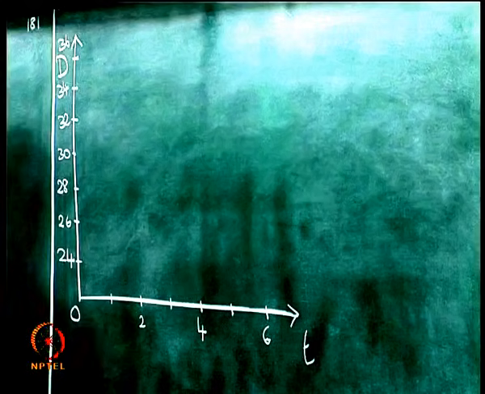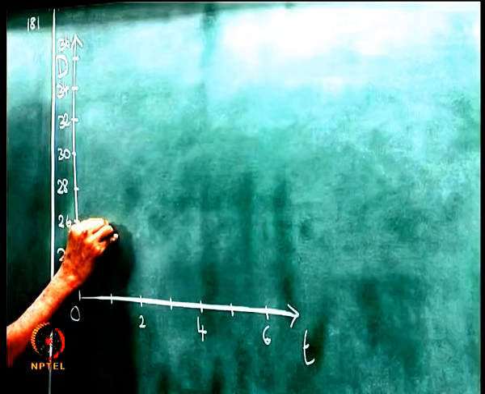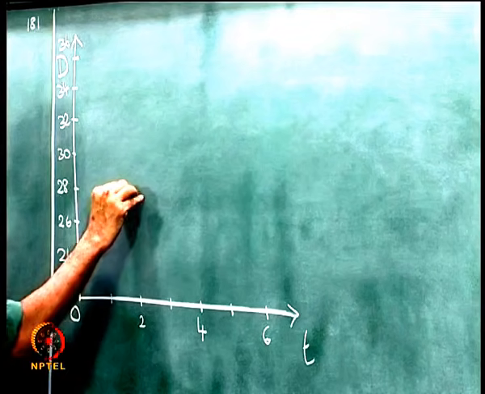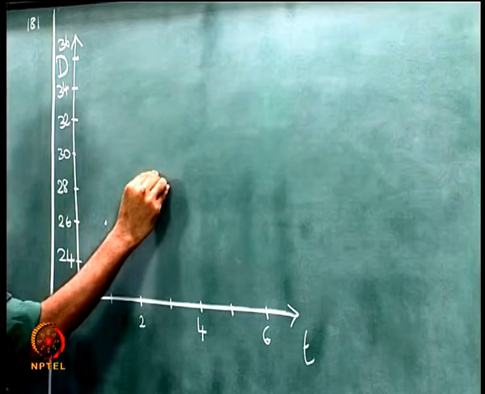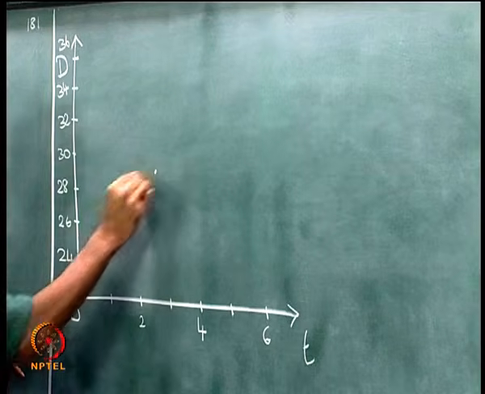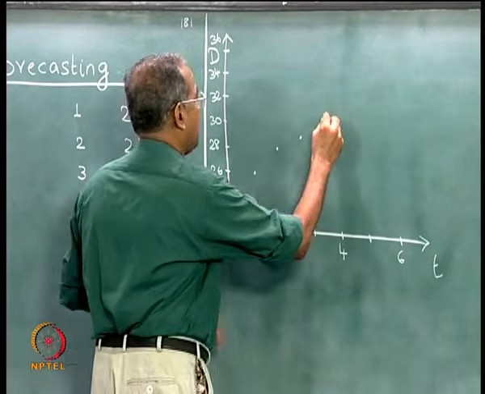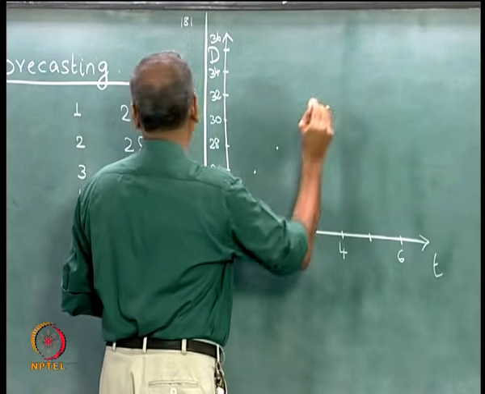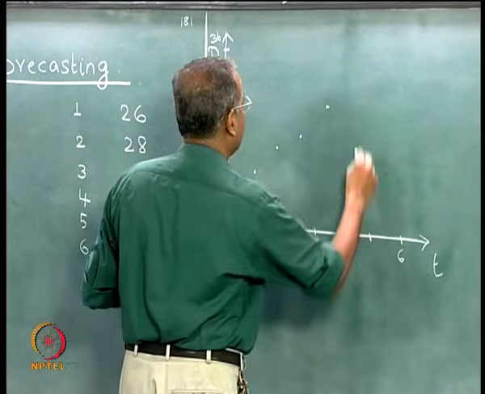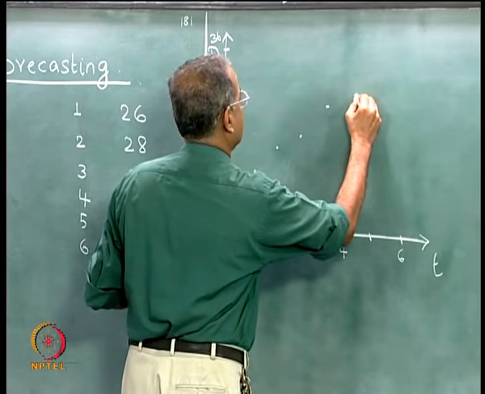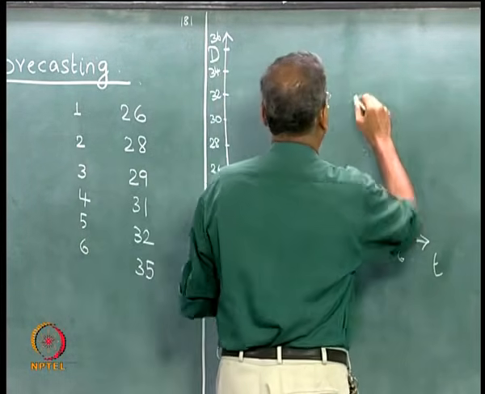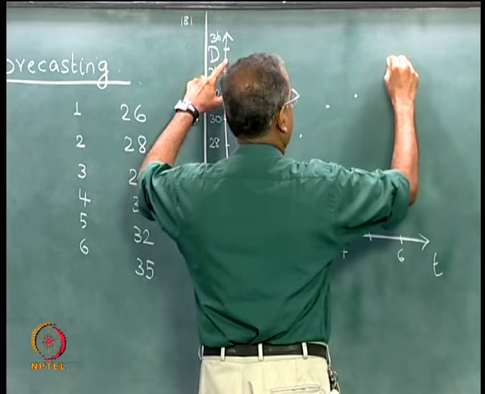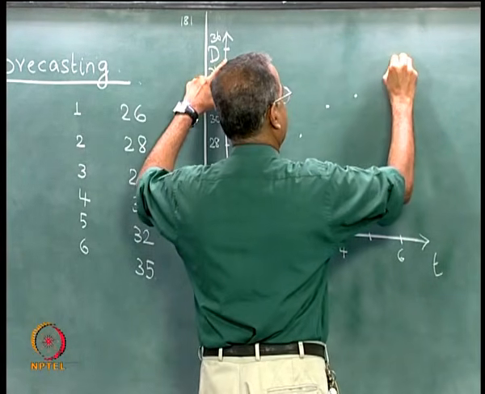So, at t equal to 1 the value is 26, which is here, t equal to 2 the value is 28, which is here, t equal to 3 the value is 29, which is here, t equal to 4 the value is 31, which is somewhere here, t equal to 5 the value is 32, which is somewhere here, and t equal to 6 the value is 35, which is somewhere here.